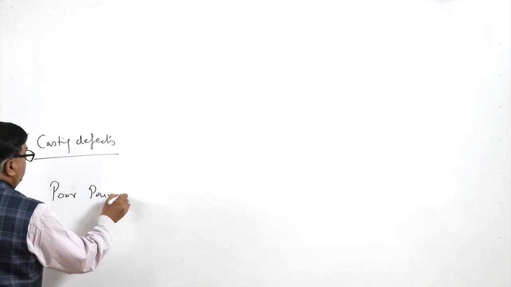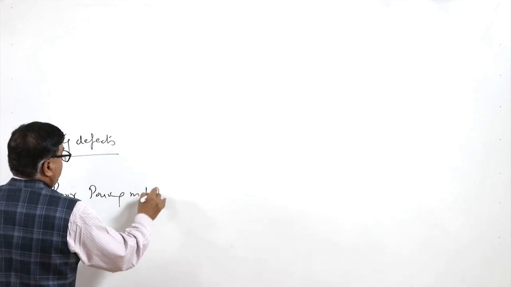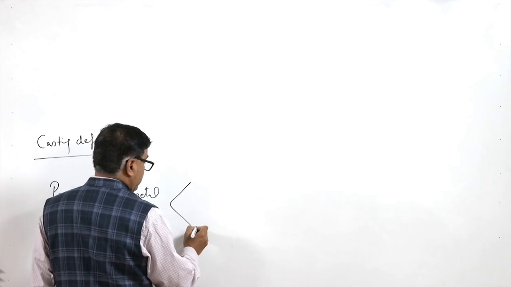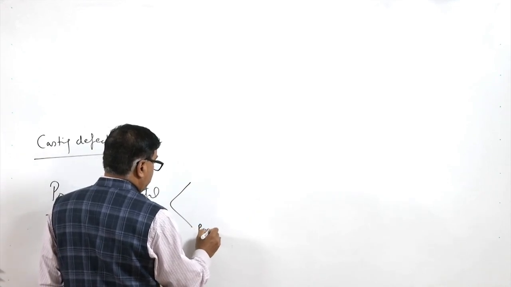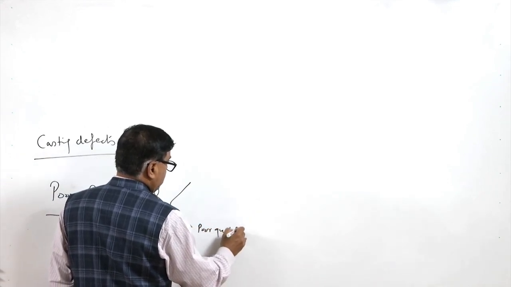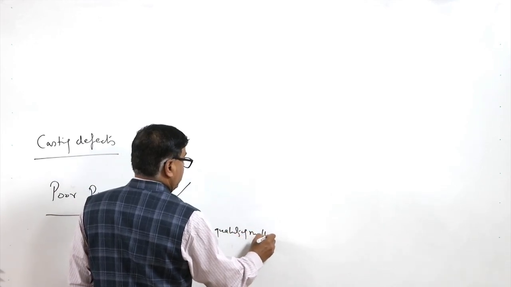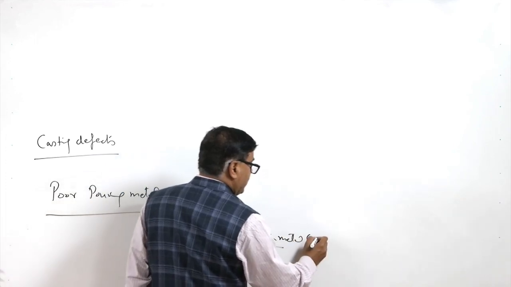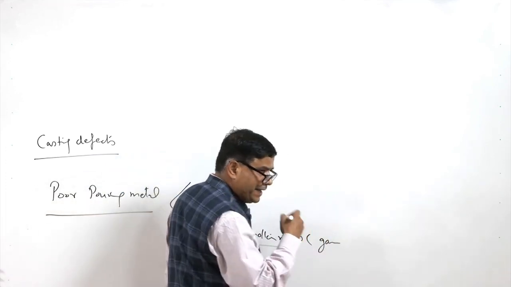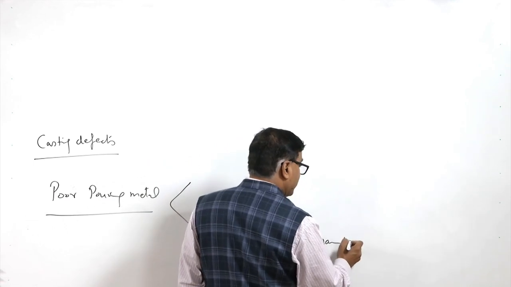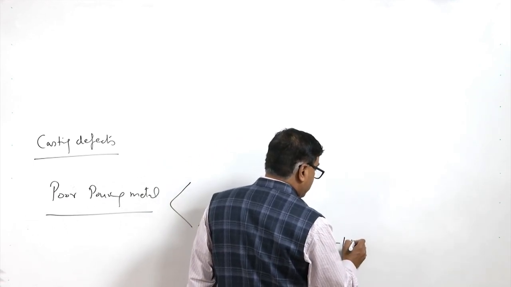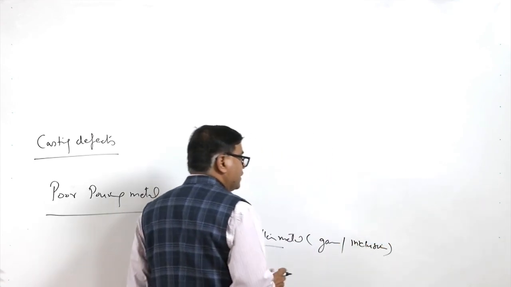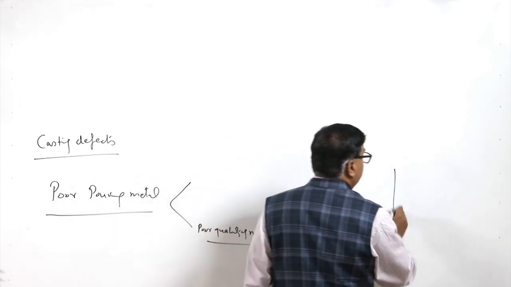Now, we will be coming to the pouring metal. As I have said, pouring metal defects can be there in two forms. One is poor quality of the molten metal which is being fed into the mold. Say it has a lot of gases, if proper degassing has not been done, or if it is having inclusions, if the proper filtration of the slag has not been done, then all these things will be going into the mold cavity.